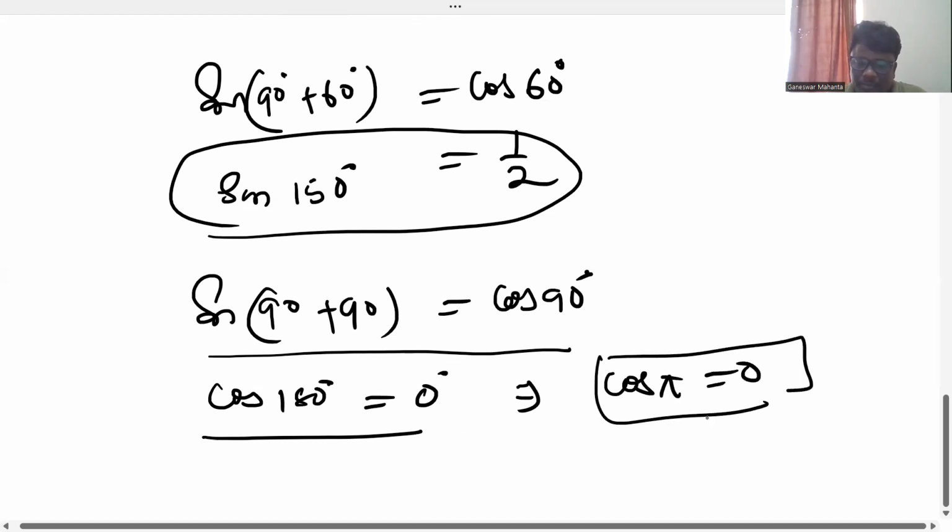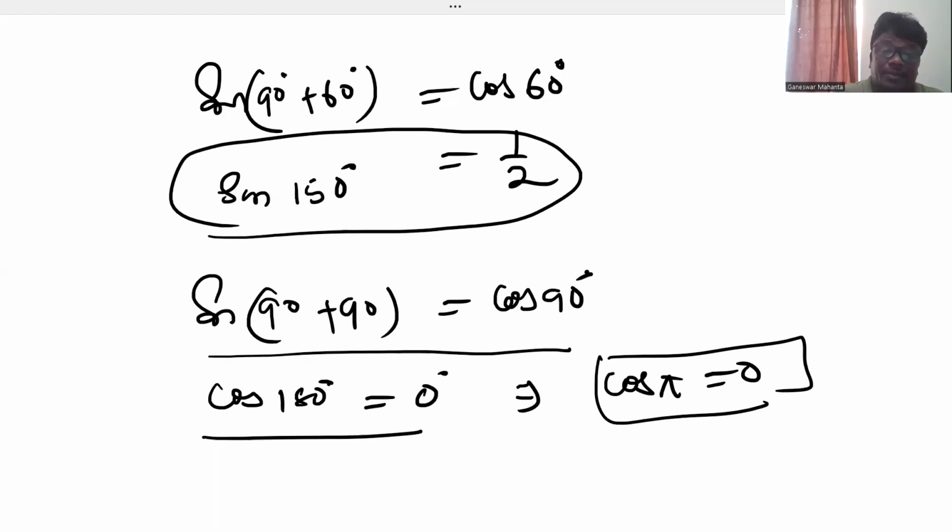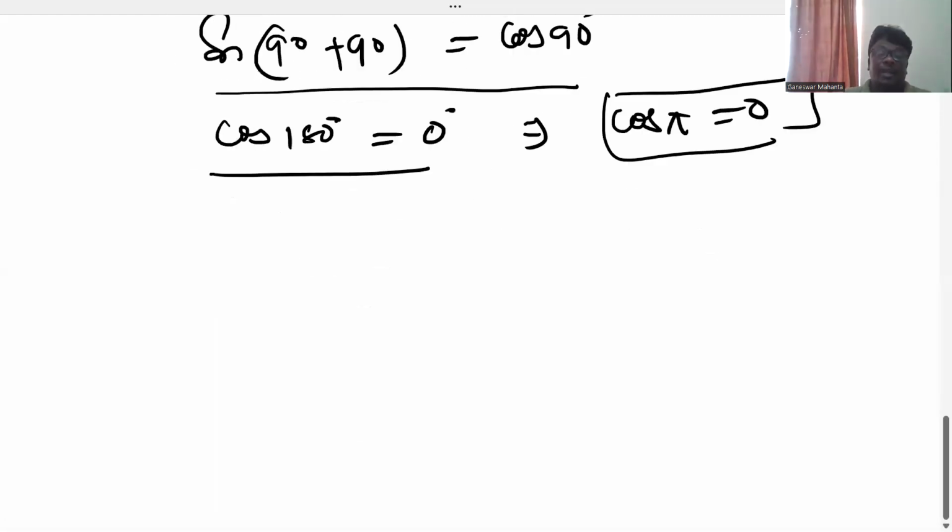Okay, so these are the angles we represent here, plus the sine values. We remember all the values. Sine 0 degrees, you remember. Then what is the value? Sine 30 degrees, just remember.